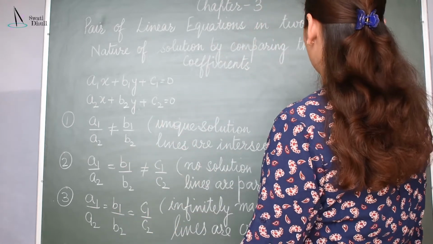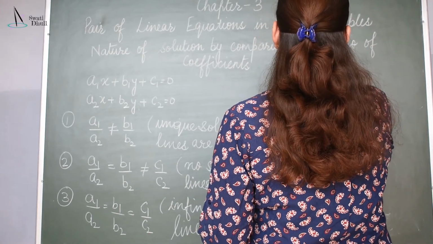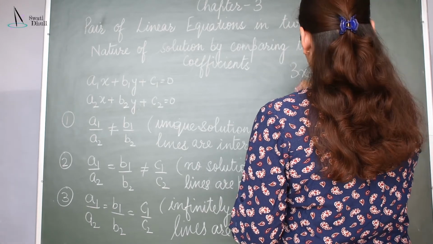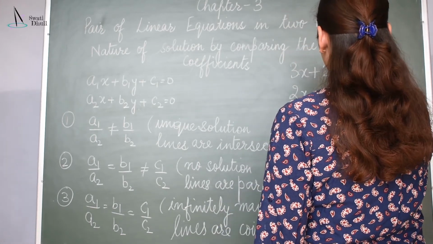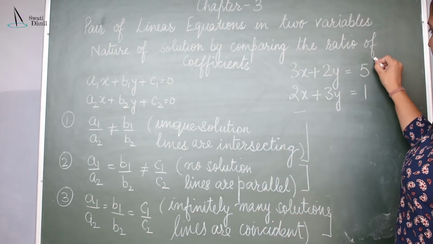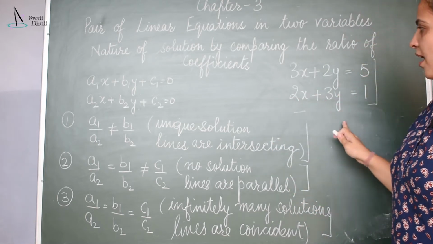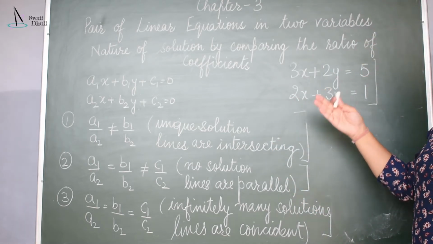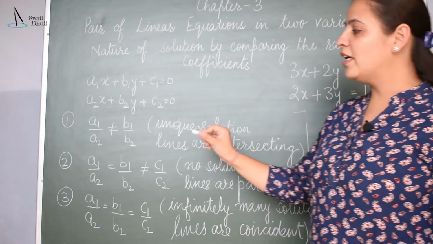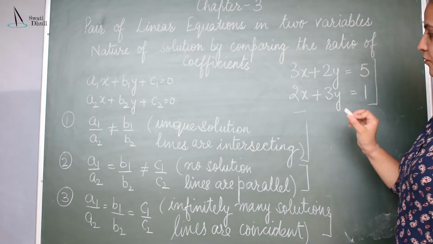Let us say you have 3x plus 2y is equal to 5 and 2x plus 3y is equal to 1. You are given these two equations and you will be asked whether they have unique solution, no solution, or infinitely many solutions. So you will compare the ratio of the coefficients of the variables.